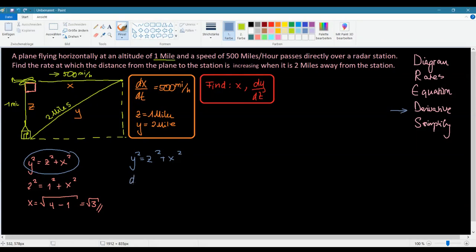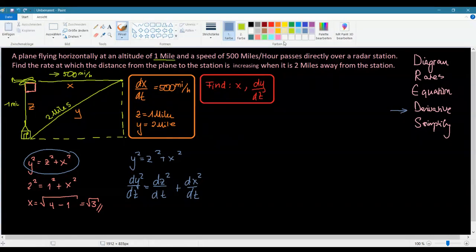So you're going to have dy squared by dt, because it's the change in time, right? It's per hour, is dz squared by dt plus dx squared by dt. Well, what do we do? Chain rule on all 3 of them, right? So we differentiate y squared with respect to y and multiply that by dy by dt, and we do the same with z and x.